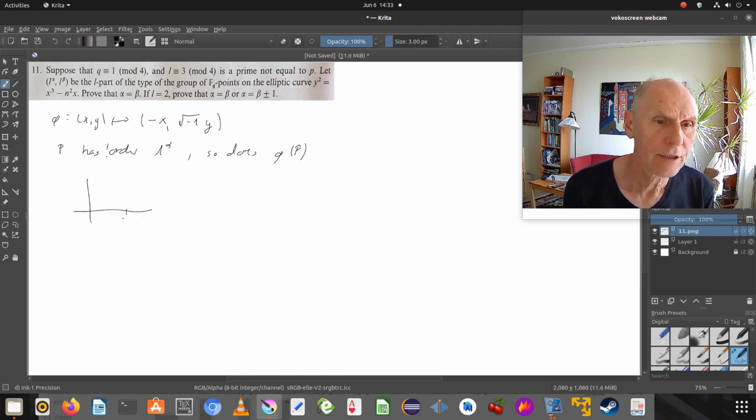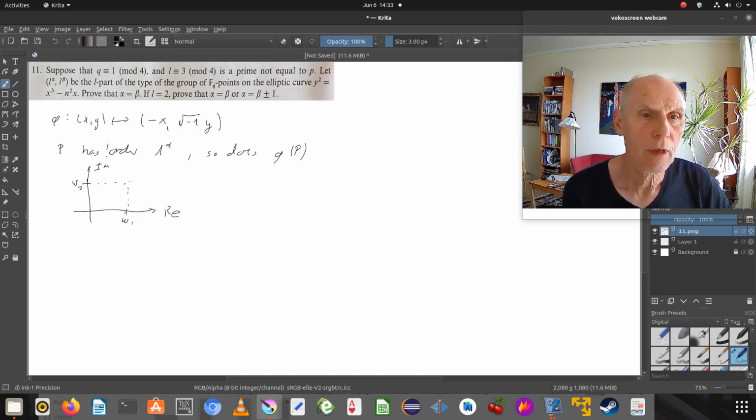It follows from our lattice, if we have omega 1 and omega 2, and say we have P here, then all the multiples of P will lie on this line, and the line of the other points, phi of P, they are turned 90 degrees.